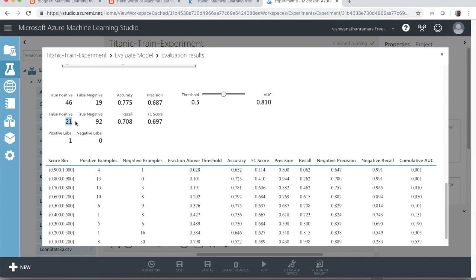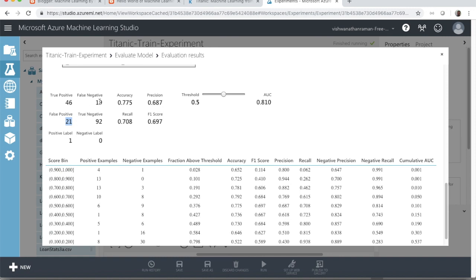Falsely identified as survived, which means the passenger was dead, but the model that we built falsely identified them as survived, which means there were 21 misclassifications. 21 passengers were supposed to be marked dead, but the model that we built marked them survived.